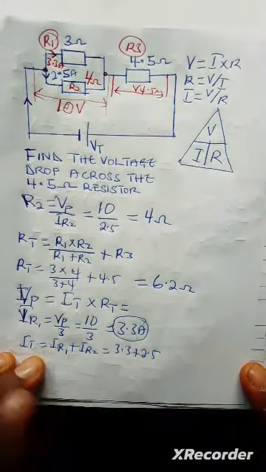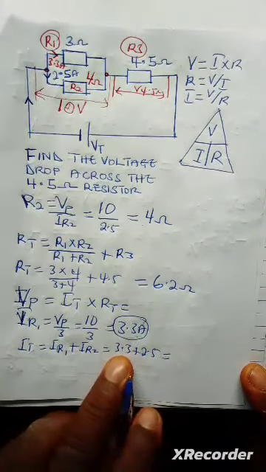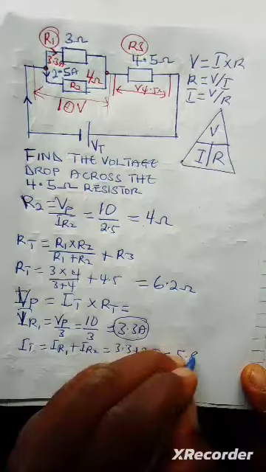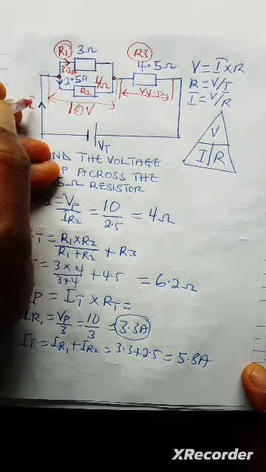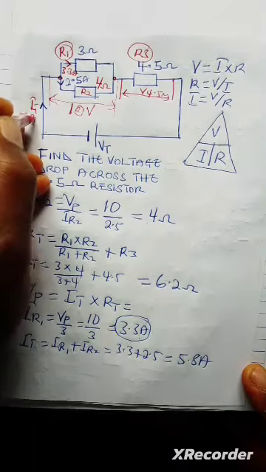So what we are going to have as total current is 5.8 amps. So that will be the current here. This is the total current, 5.8 amps.